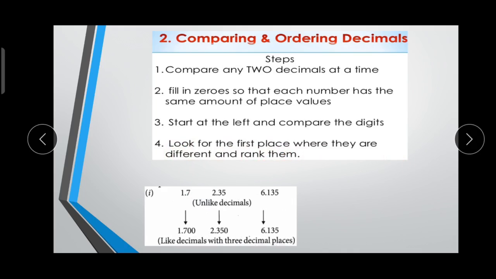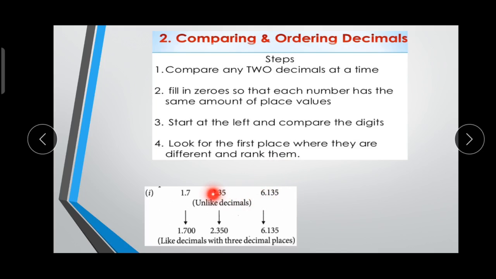Clear, children? So the first example is 1.7. Okay, children. The next will be 2.35. The next will be 6.135. Right? When you look after the decimal dot, there is one digit, then two digits, then three digits. Which is the maximum? Yes, exactly. 6.135 has the most digits.